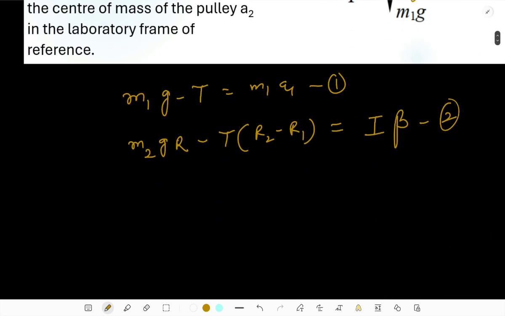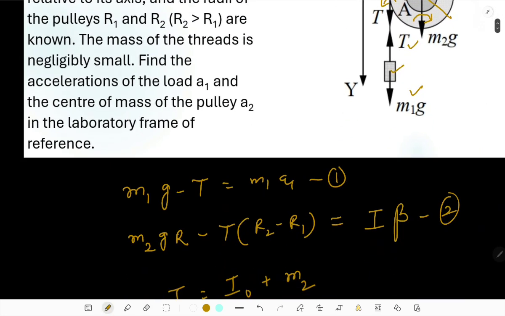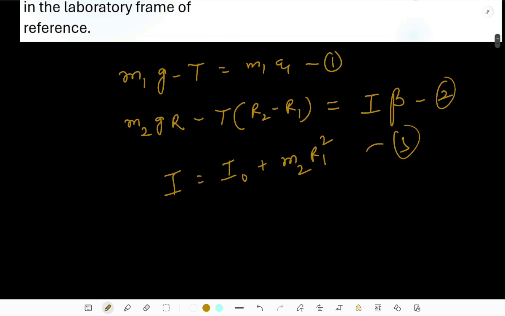And this I, by using the parallel axis theorem, we can write as I equals I naught plus m2 multiplied by r1 squared. The mass of the outside pulley is nothing, it has no mass. So we got another equation, number 3. Though this is not really an equation, it can be used in solving the problem.